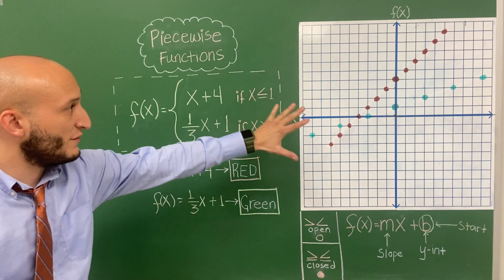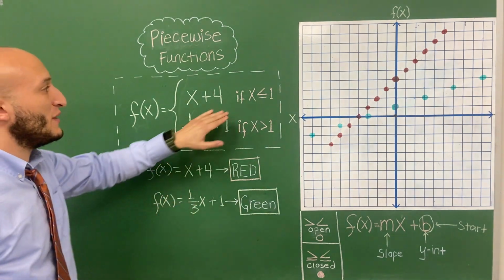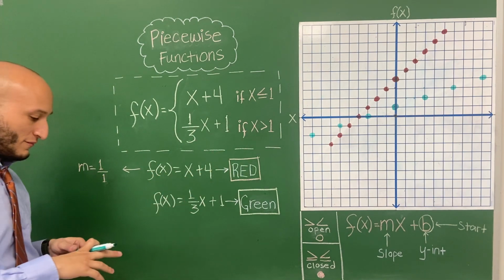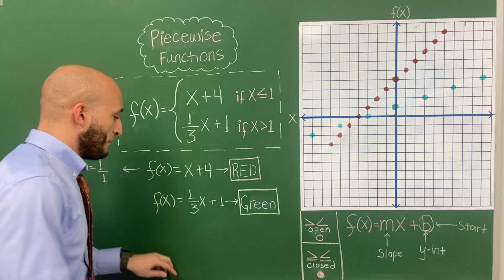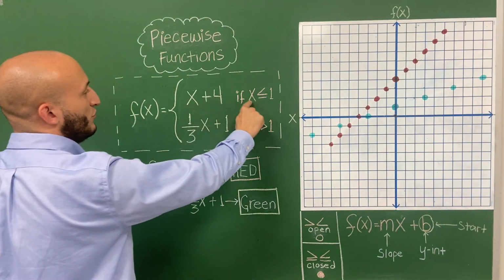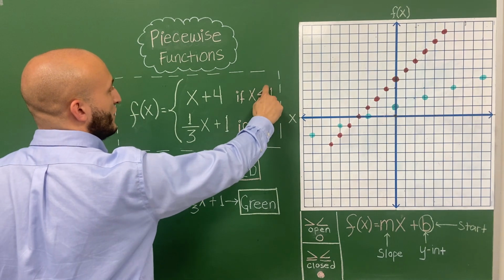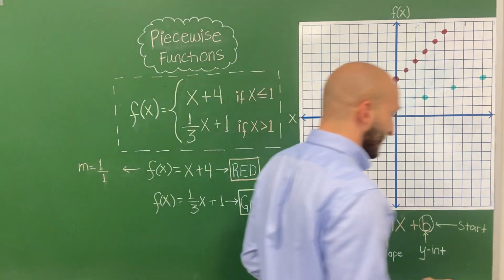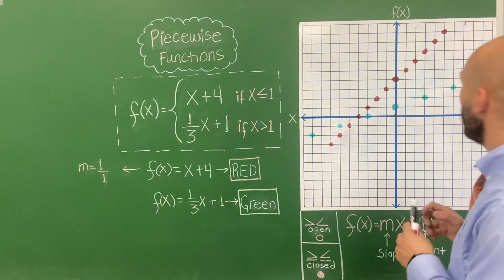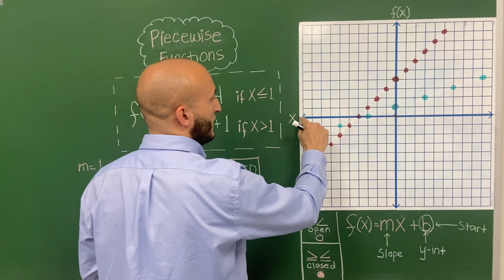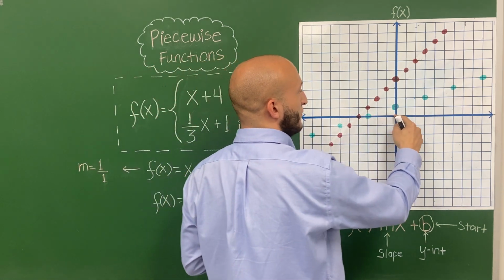Once I have it here, now I have to go to my if statements and see what I'm going to keep. The red function is the top one. And I see a 1 here. So I'm going to go to where x is 1. Here's x, here's 0.